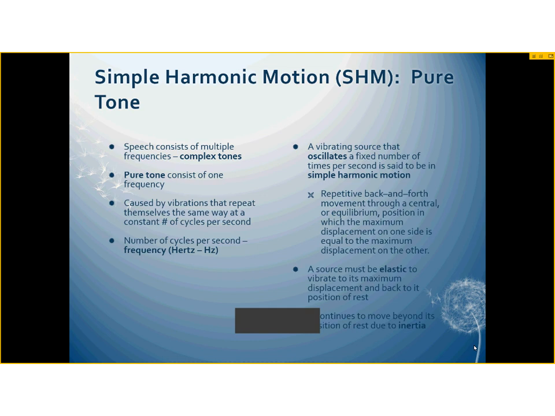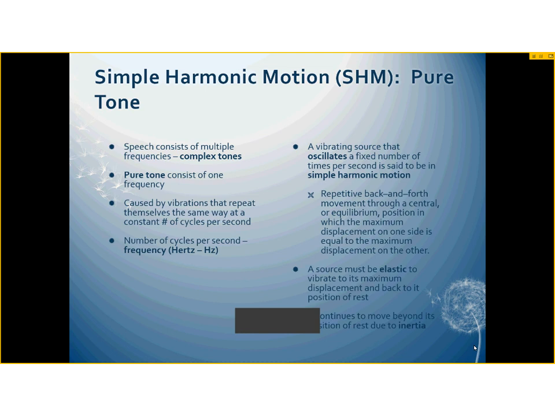As the tuning fork moves backward, there's less pressure on that disturbance, and the air molecules are allowed to drift apart. That's called a period of compression and rarefaction. That makes up one cycle of sound, or one frequency of sound. And frequency's unit of measure is hertz.